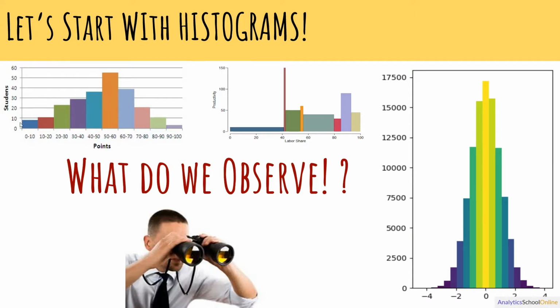And the y-axis is basically frequency oriented. For example, in this histogram plot, in the interval of 10 to 20, there is a frequency of 10, the number of students who had points between 10 and 20. So the y-axis in histograms is mostly frequency oriented.